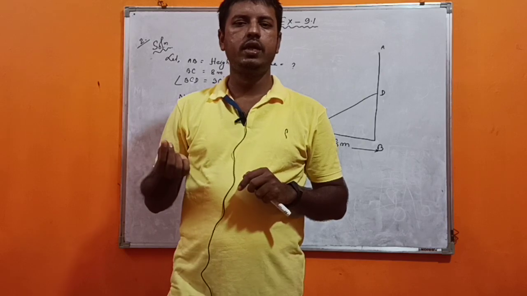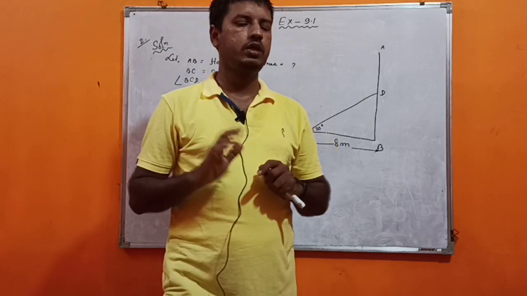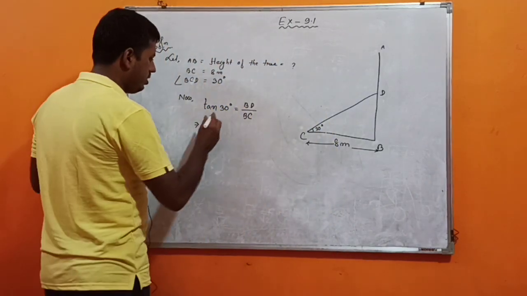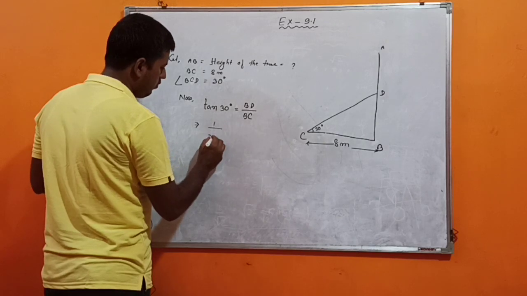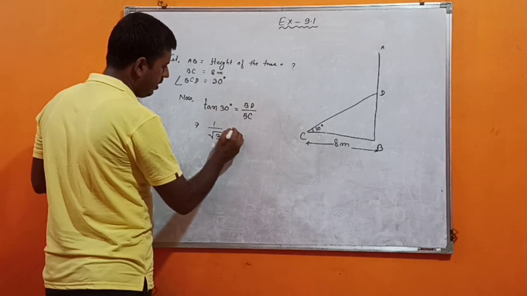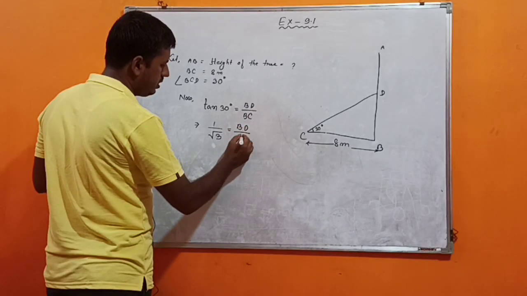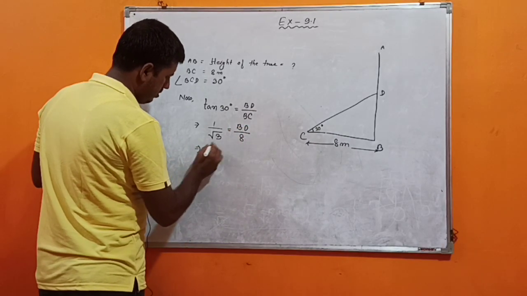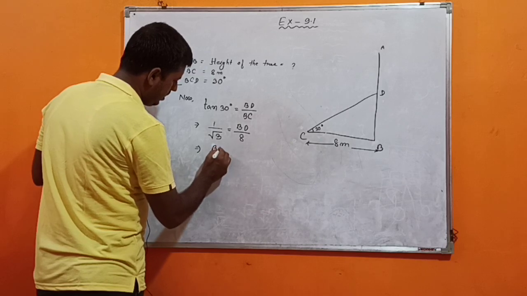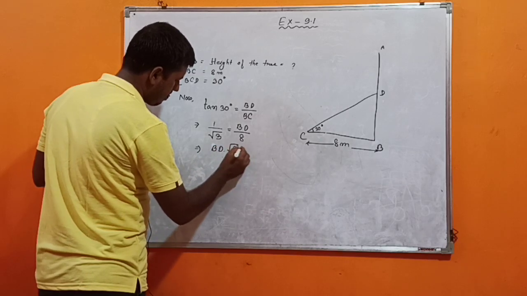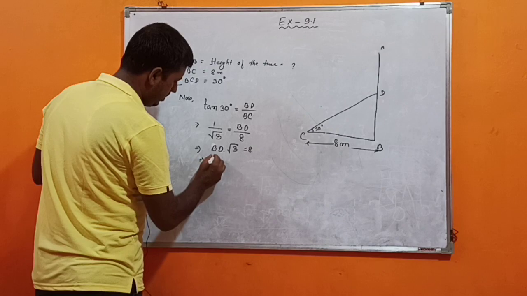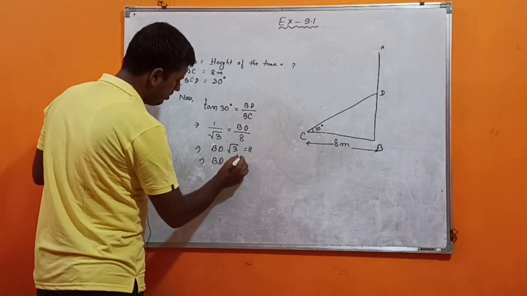You will get the standard values of all the 6 ratios. So tan 30 is 1 by root 3. I am writing 1 by root 3, and BD is not given. BC is given as 8. So if you cross multiply this, BD into root 3 equal to 8 and BD equal to 8 by root 3.